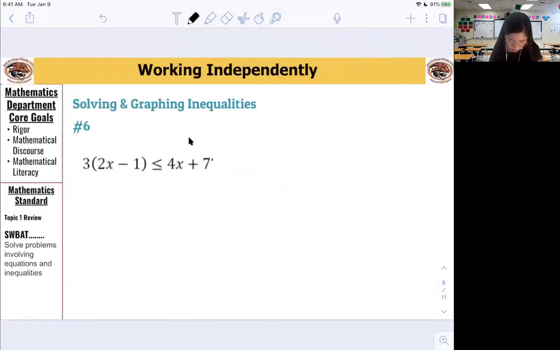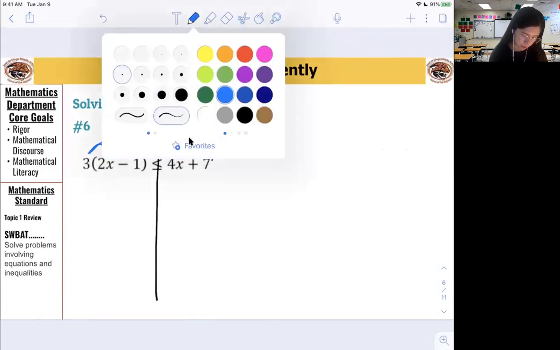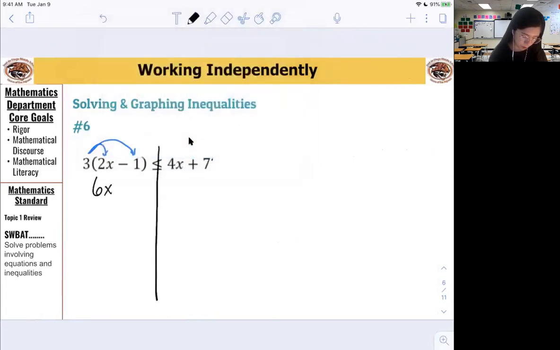Now, question number 6, we have an inequality. Inequalities work pretty much identically to equations. So we're just going to go ahead and solve. I see parentheses, I'm going to distribute. 3 times 2 is 6. 3 times 1 is 3, minus 1.